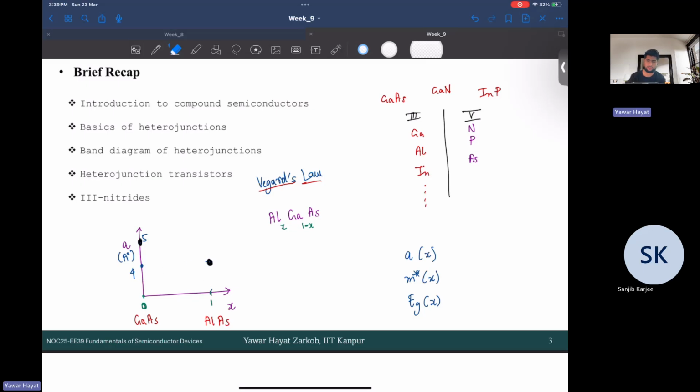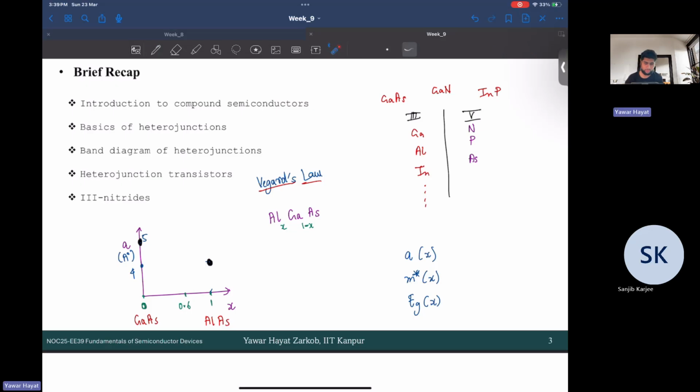Is this clear? Yes, sir. So it's 5 angstrom for gallium arsenide and 4 angstrom for aluminium arsenide. So tell me what would be the lattice constant for x equal to 0.6?